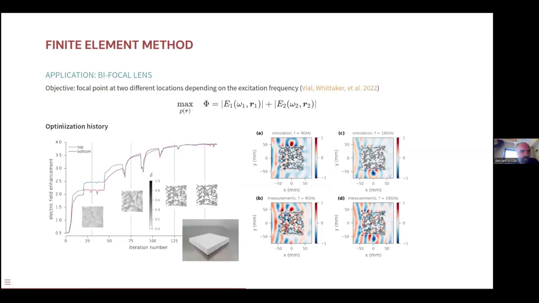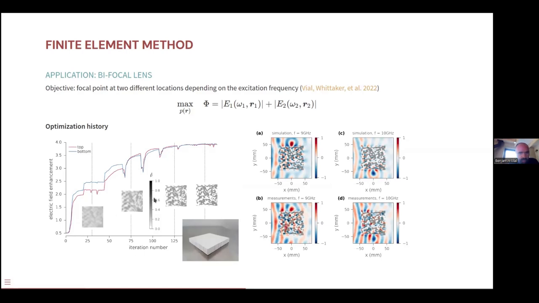Here you can see the optimization history, and you can see the objective is increasing more and more as you move along the iteration number. Here you can see the distribution of the permittivity. So this was two different dielectrics that were distributed in this square region.